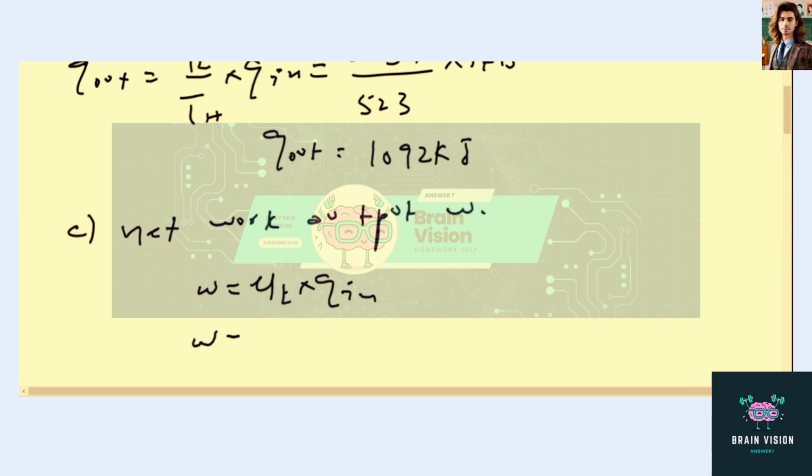So net work output is equal to 0.36 multiplied by 1715, and that is equal to 617 kilojoule per kilogram.